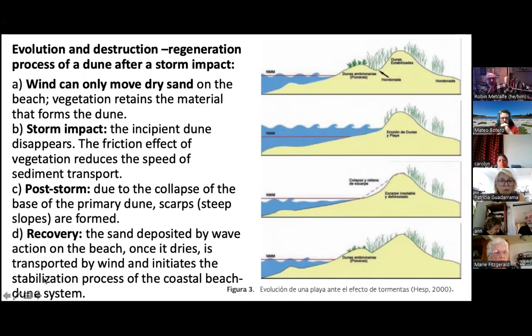Wind can only move dry sand. When a storm impacts, the incipient dune disappears. Post-storm, due to the collapse of the base of the primary dune scarp, and as time goes by, the dunes recover and form.